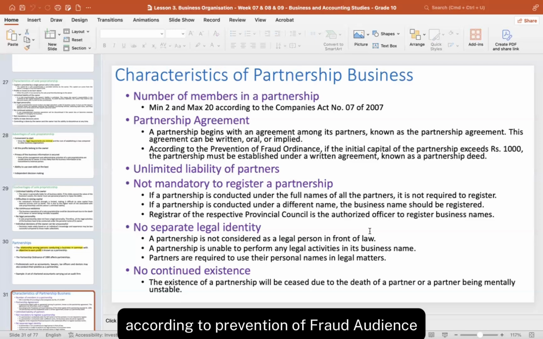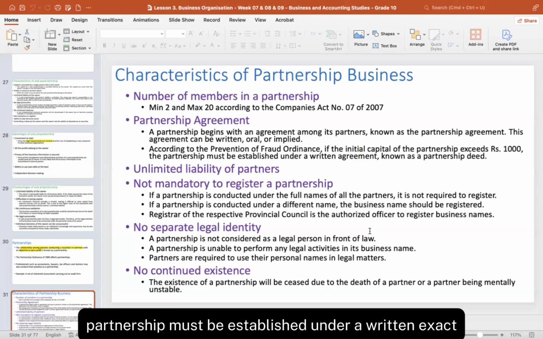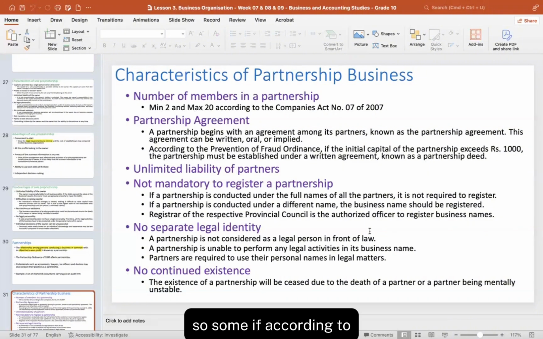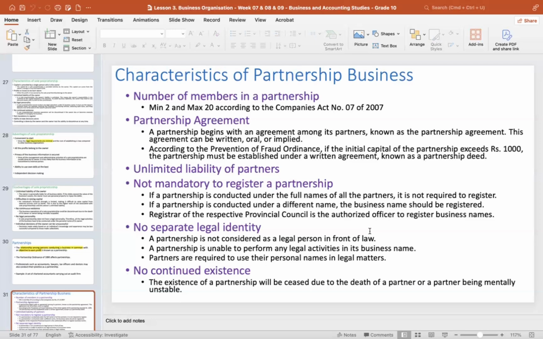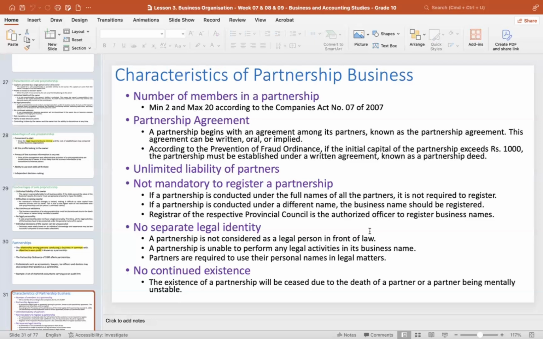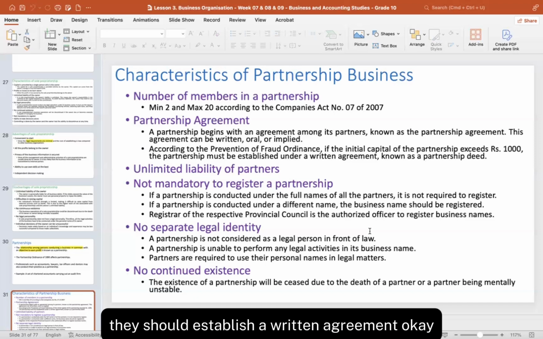According to the Prevention of Fraud Ordinance, if the initial capital of a partnership exceeds 1,000, the partnership must be established under a written agreement known as a partnership deed. Prevention of fraud ordinance එකට අනුව initial capital එක partnership එකක 1000ට වැඩි නම් then they should establish a written agreement.